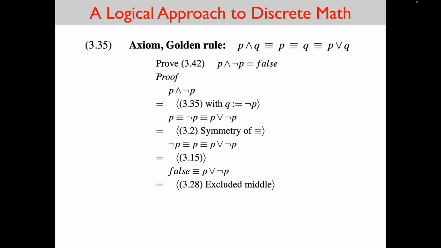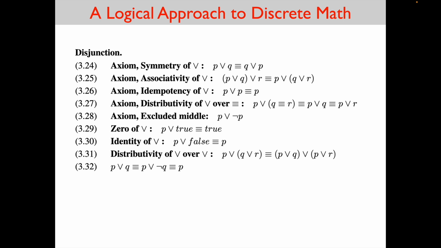Now we are going to use excluded middle. Now, here's the thing about excluded middle. Let's take a look at excluded middle, 3.28. Here is excluded middle, 3.28, and it just says P or not P. Now, the way you use excluded middle is anytime you have P or not P, you can replace it with true, because all theorems and axioms are equivalent to true, because true is one of the previously proved theorems.